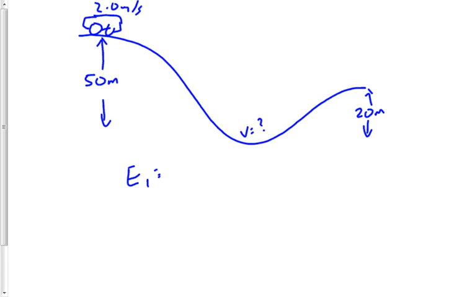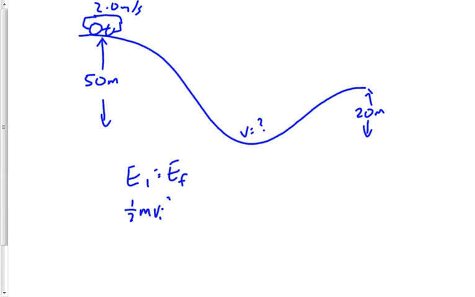Now let's ask ourselves those three questions. Is there kinetic energy at the top of this hill? Yes or no? How do you know? It's moving, right? There's kinetic energy because it's moving. So let's put in an equation for kinetic energy, 1/2 mvi squared. Is there gravitational potential energy at the top of this hill? Yes or no?